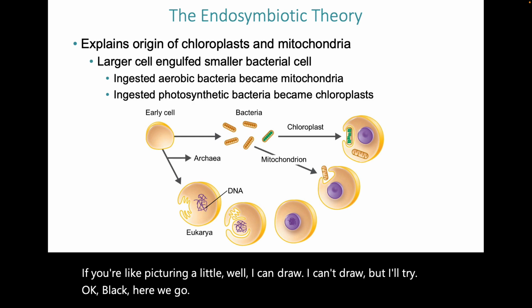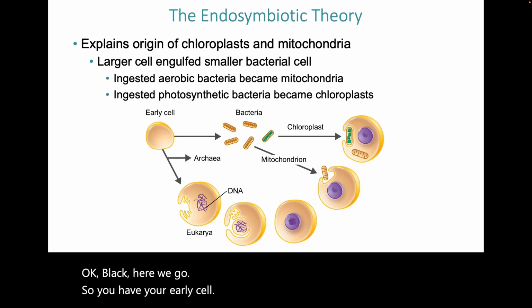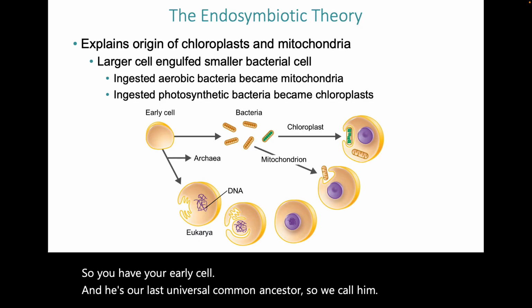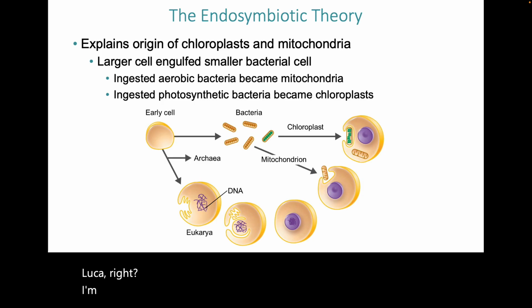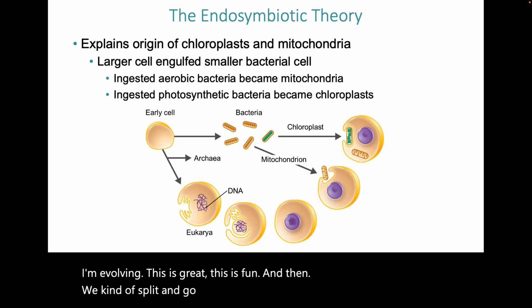So you have your early cell, and he's our last universal common ancestor. So we call him Luca. So, Luca, right? I'm evolving. This is great. This is fun. And then we kind of split and go this way. So these, bacteria.